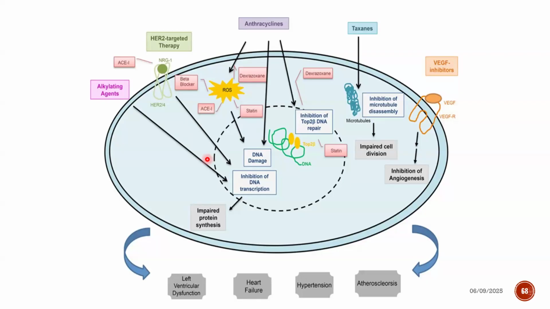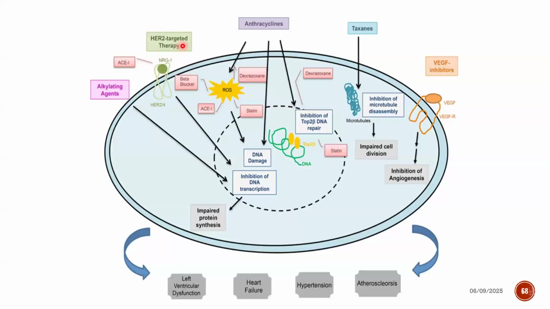So this picture shows the various chemotherapeutic agents and the mechanisms of action causing CTRCD. For instance, the alkylating agent such as cyclophosphamide causes inhibition of DNA transcription, and this leads to impaired protein synthesis and further leads to LV dysfunction and heart failure as well.